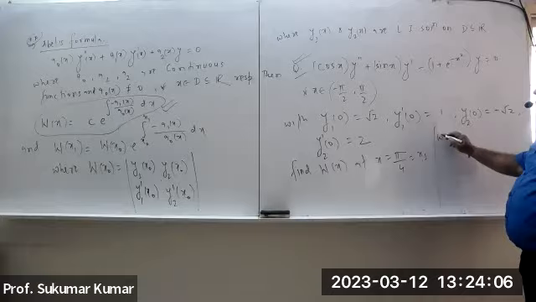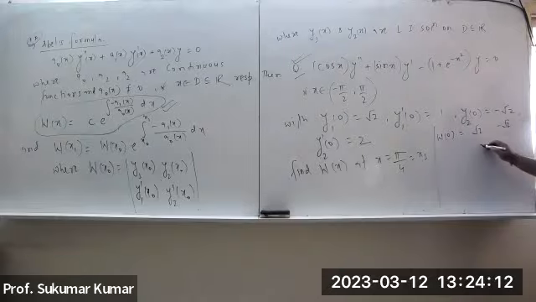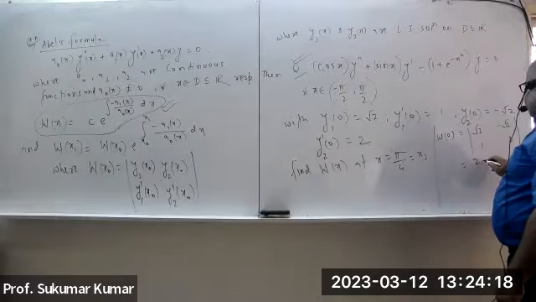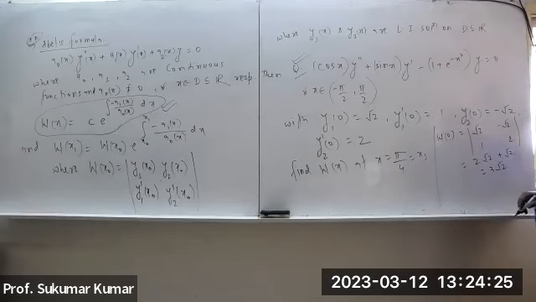What is W of 0? It is the determinant of y1(0), y2(0), y1'(0), y2'(0). 2 root 2 plus root 2, so 3 root 2 comes. We'll put that there.